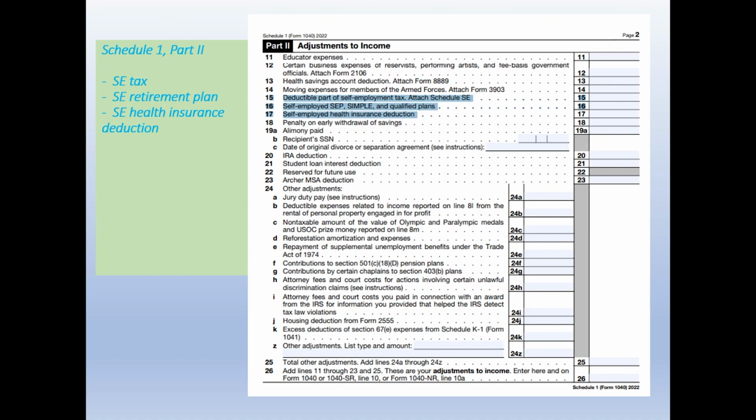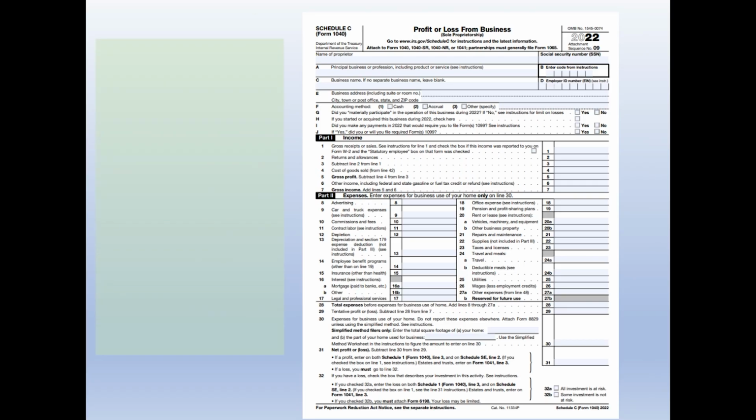Health insurance is also deductible on line 17. So pay close attention when you prepare the tax return, and make sure that number flows in here on line 17, because some of the software doesn't work really well and doesn't have that number flow in here.